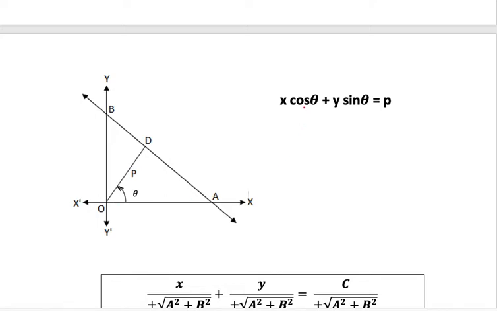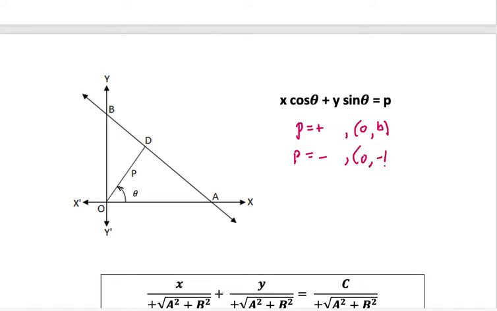So it has a form of x cosine theta plus y sine theta equals p. Take note that p is positive if our y-intercept is positive, and p is negative if our y-intercept is negative.